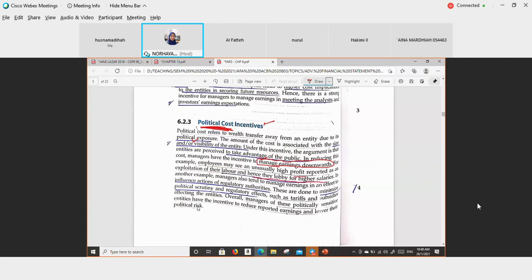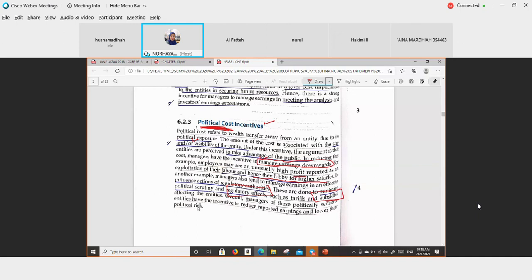Kalau dia tak nak bayar gaji tinggi, dia akan manage earnings untuk nampak lebih rendah. Are you following? Sama juga regulatory punya effect ni, untuk elakkan cukai yang tinggi ataupun untuk elakkan subsidi daripada kerajaan ditarik balik sebab dah profitable. Faham tak? Macam tu.